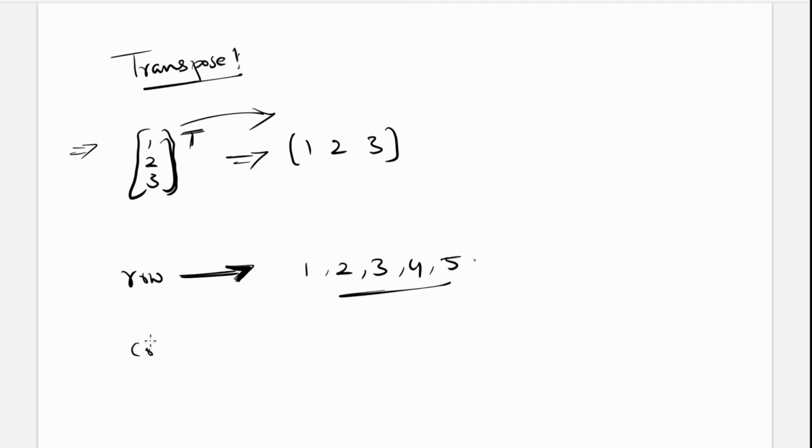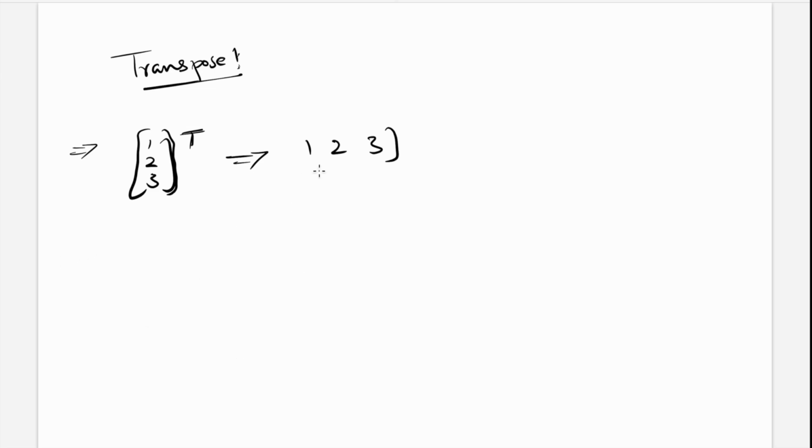So what does transpose mean? It makes rows into columns and columns into rows.